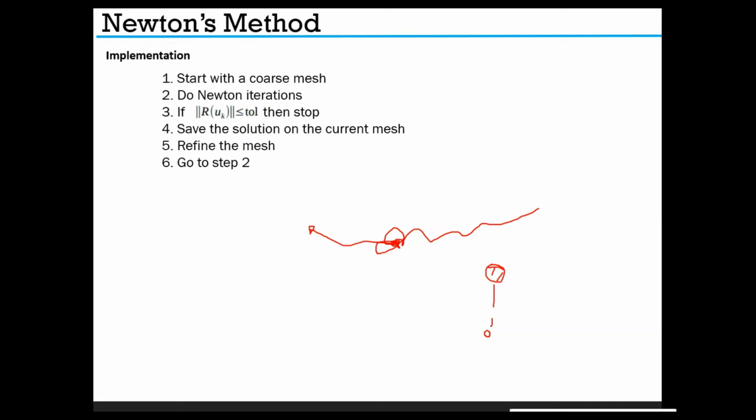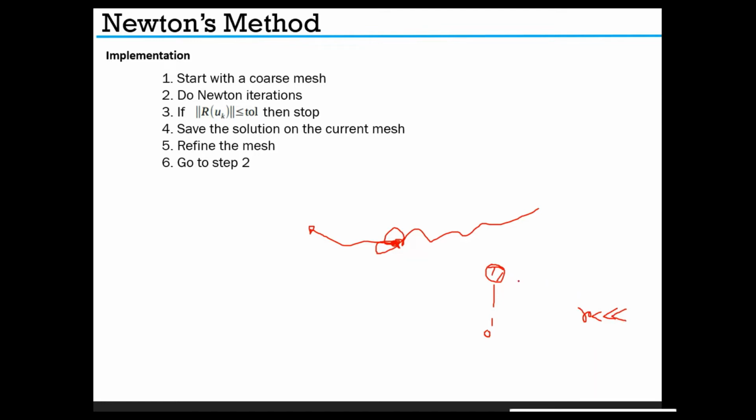So for a large derivative with a nonlinear problem, the radius will be very small, too small.